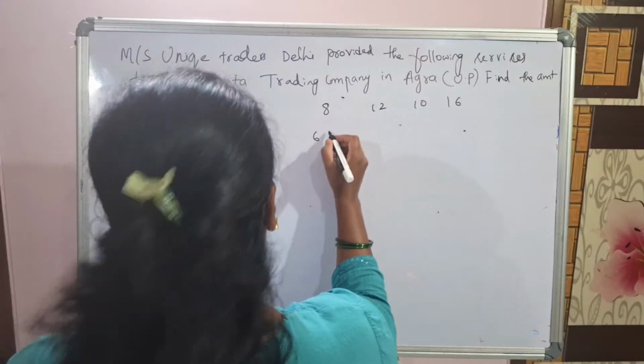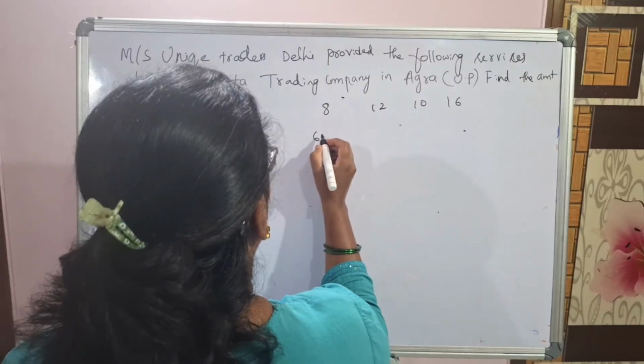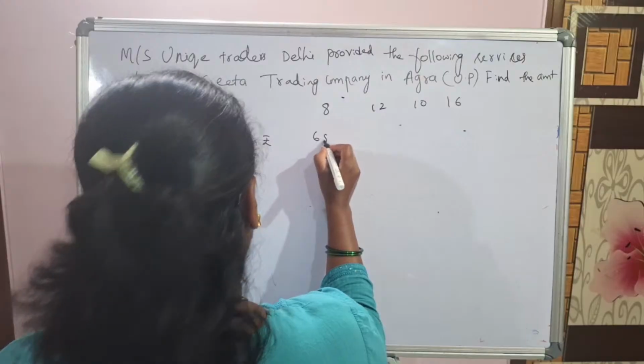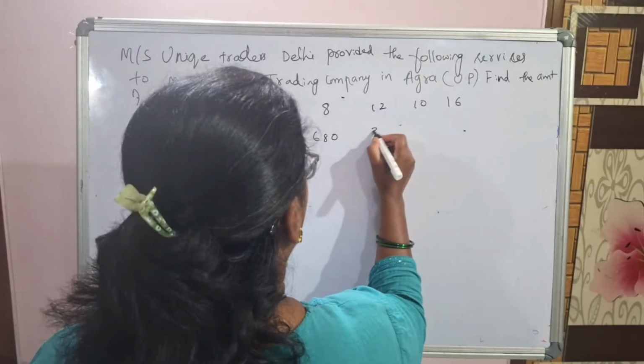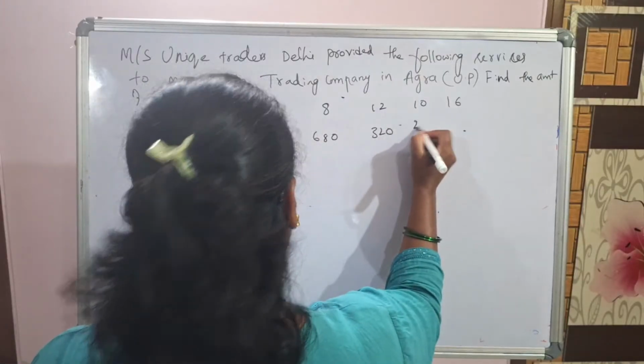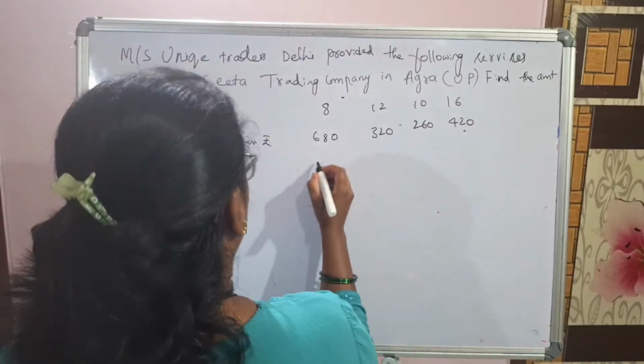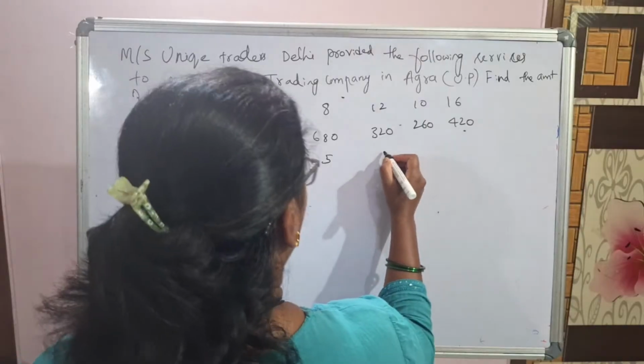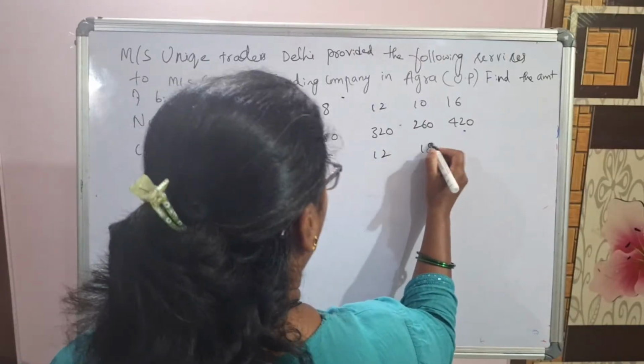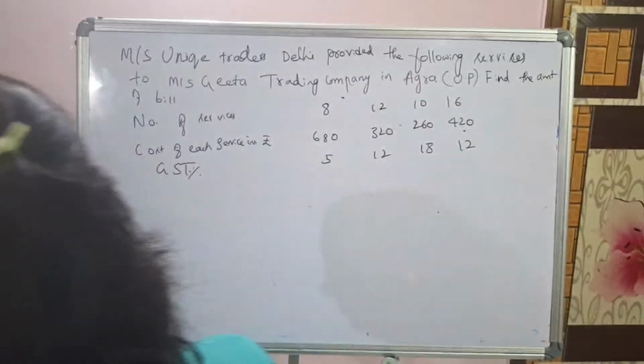Cost of each service in rupees is 680, 320, 260 and 420. GST percent: 5, 12, 18, 12.